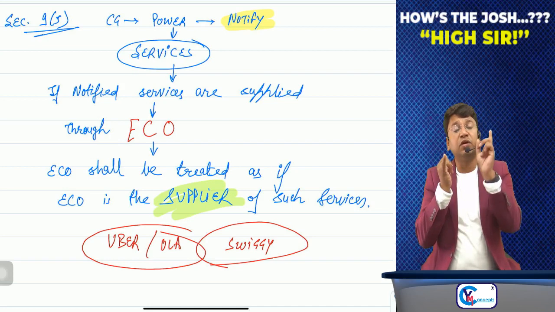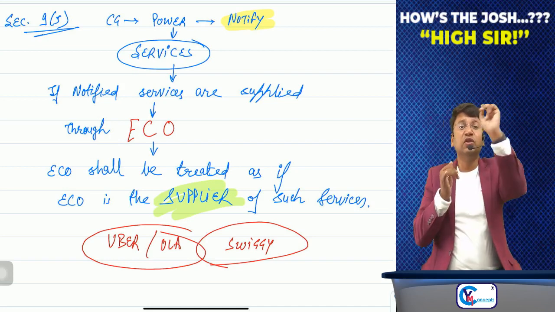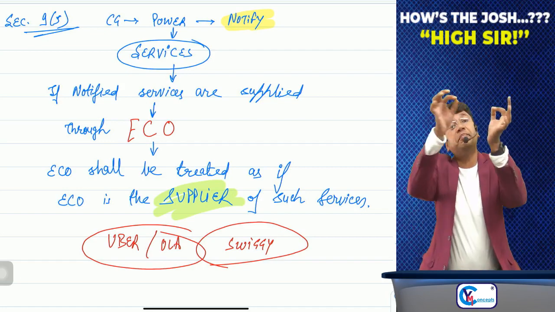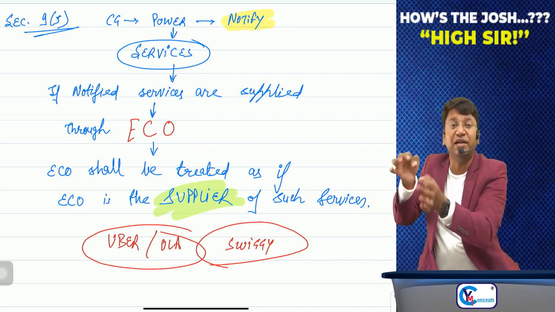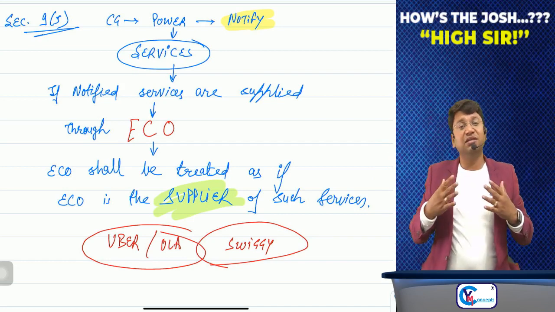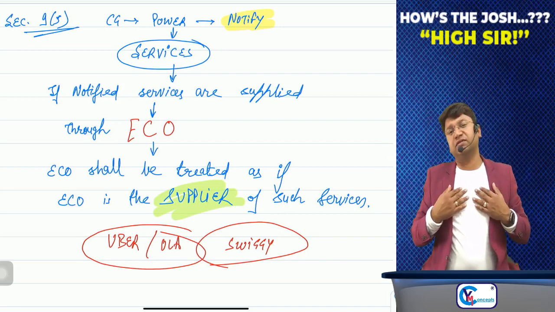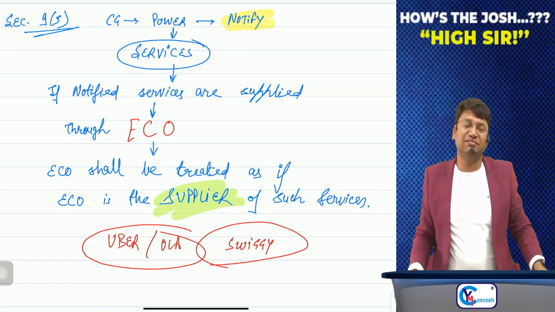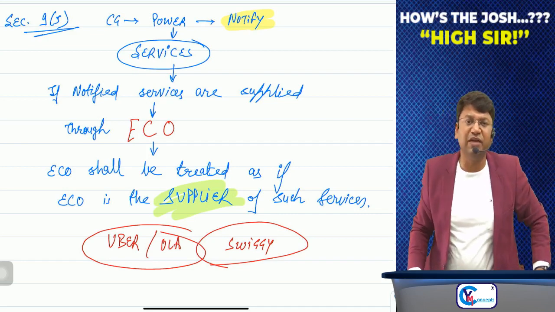But if the ECO has neither any physical presence nor any representative office in India, then they will have to appoint a person in India who will pay tax on their behalf. Means they will have to pay the tax. Sir, the government will not collect the tax from the taxi operators. Whether Uber is located in India or is a company located outside India, we don't care.